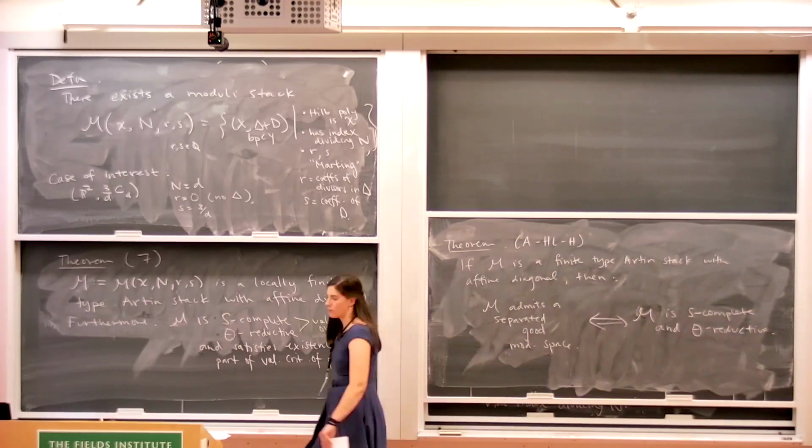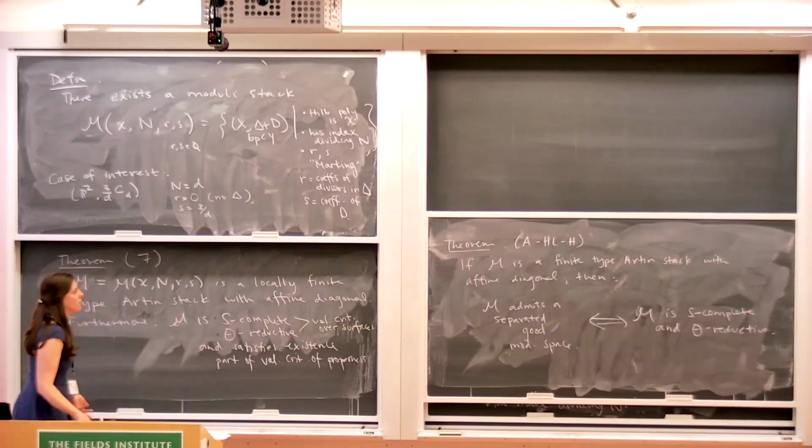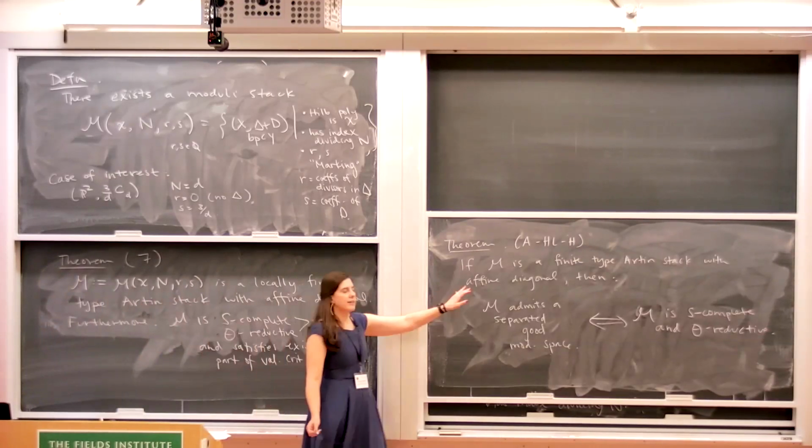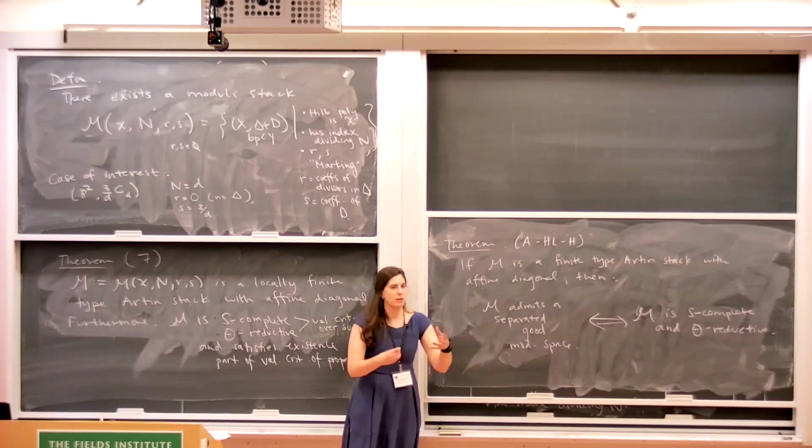So these two technical conditions, which are these two valuative criteria over surfaces, at least in the finite type case, tell you precisely when you have a good moduli space.